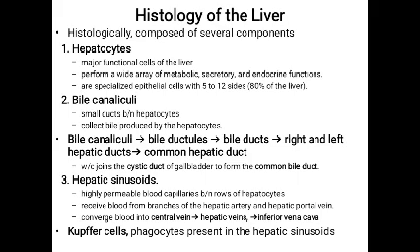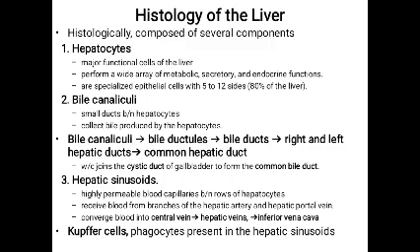3. Hepatic sinusoids. Highly permeable blood capillaries between rows of hepatocytes. It receives blood from branches of hepatic artery and hepatic portal vein.